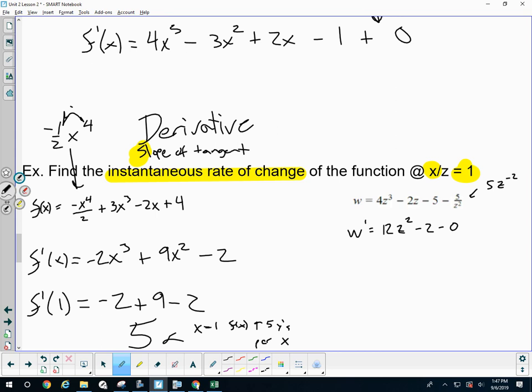Let me let you in on a little tip here. I hate subtraction symbols. They are my enemy. I always make mistakes when I subtract negatives. I like to remove subtraction symbols whenever possible. I like to just change them to add the opposite. If I change that to add the opposite, that's a plus, so I know I'm going to have a plus here.